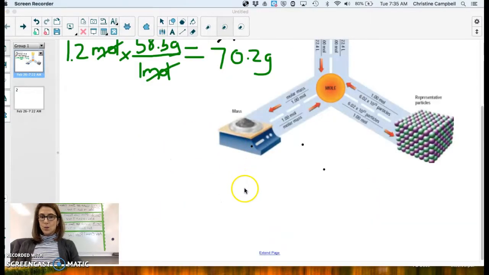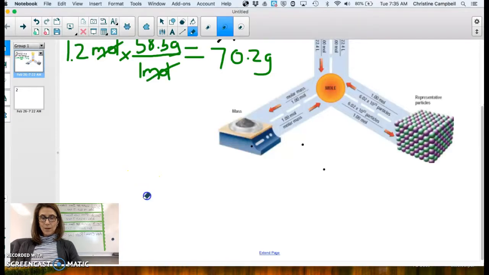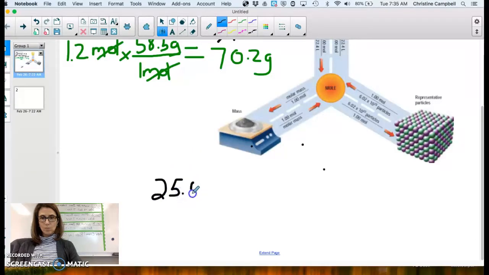Okay, so let's say this time we were given 25 grams of NO2, and we wanted to see how many moles that was.